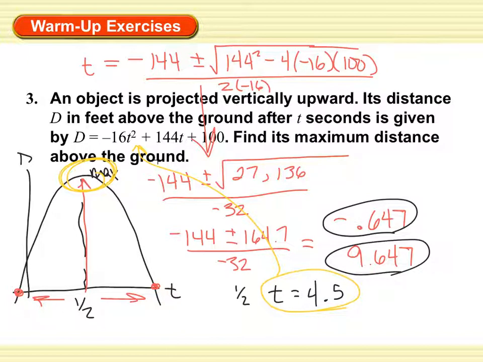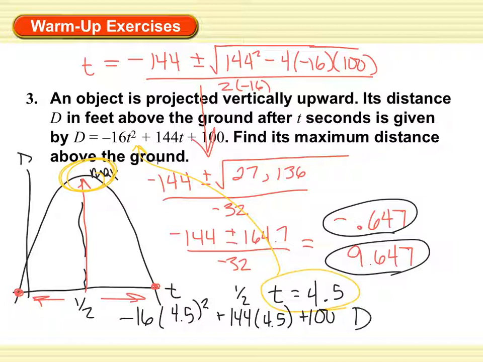Not really. So negative 16 times 4.5 squared plus 144 times 4.5 plus 100. Be right back. And I get my height as 424 feet. Okay, that was a lot of work for a warm-up.